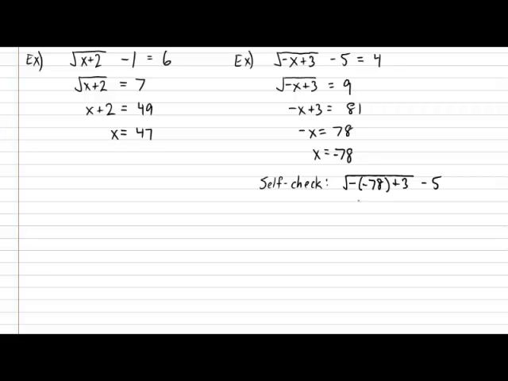So let's keep going. Negative of negative 78 gives positive 78 plus 3, subtract 5. 78 plus 3 is 81, subtract 5. Square root of 81 is equal to 9, subtract 5. And our final answer, 4. So in fact, our negative 78 was correct.